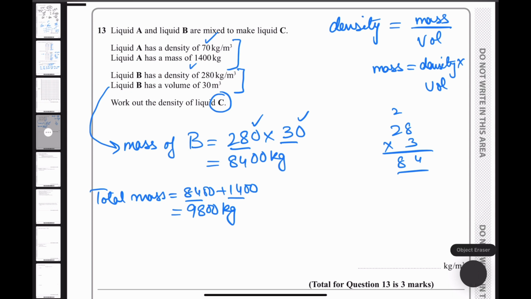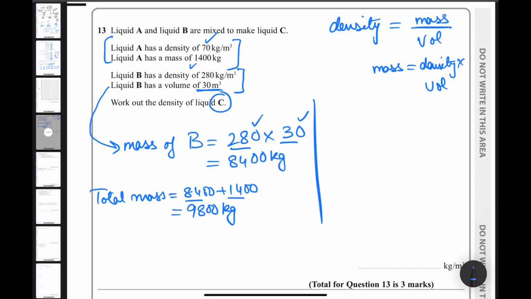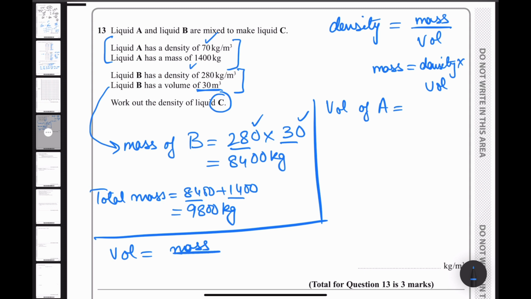Now let's find out the total volume. We have the volume of liquid B, but we don't have the volume of liquid A. So let's find out the volume of liquid A. Volume is equal to mass divided by the density.